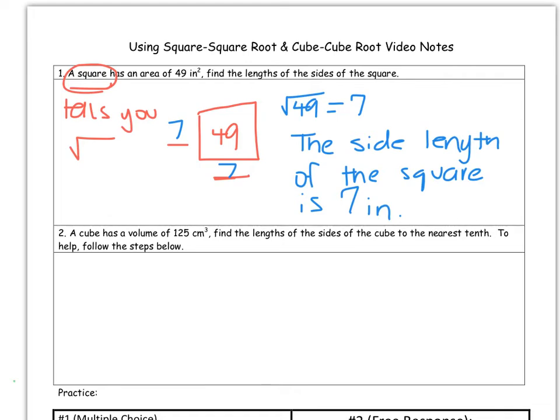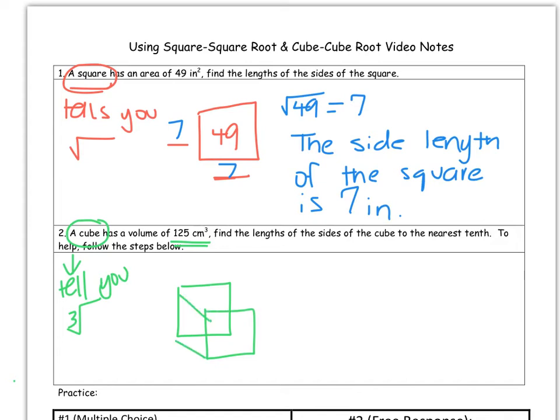So we're going to take a look at question number 2. Question number 2 is a cube. This tells you that you're probably going to have to cube root whatever the number is, and that's 125. So if I have a cube that has a volume of 125 cubic centimeters, I want to know what three numbers can I multiply together to get 125.